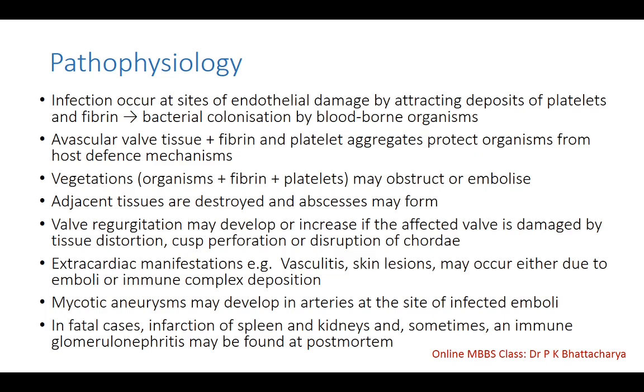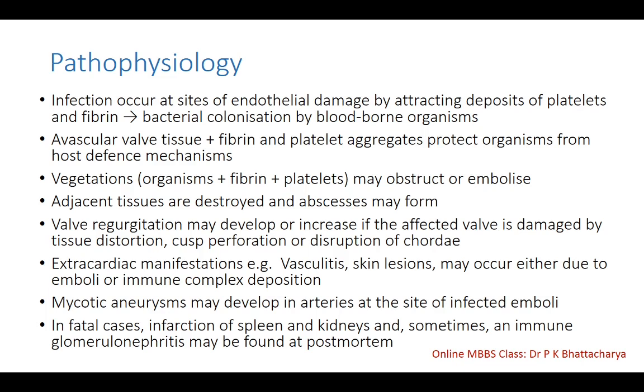Valve regurgitation may develop or increase if the affected valve is damaged by tissue disruption, cusp perforation, or disruption of the chordae. There are also extracardiac manifestations, including vasculitis and certain skin lesions, either due to the emboli or due to immune complex deposition.